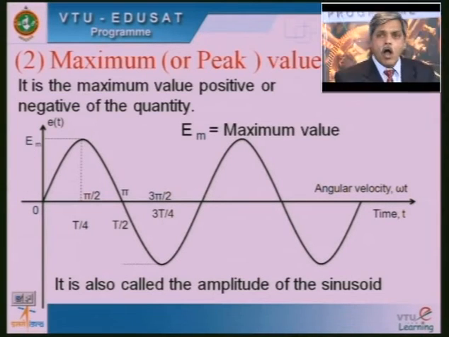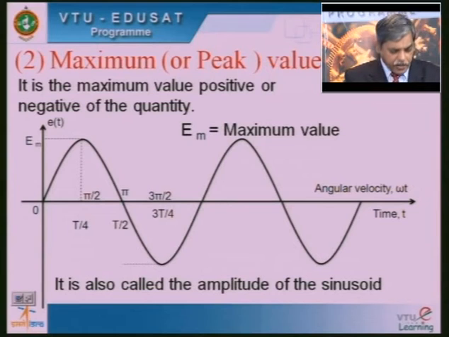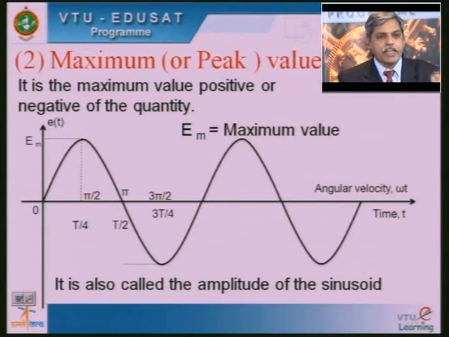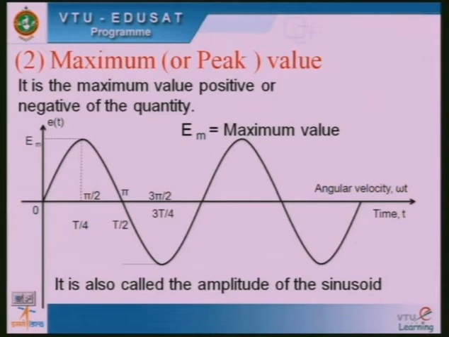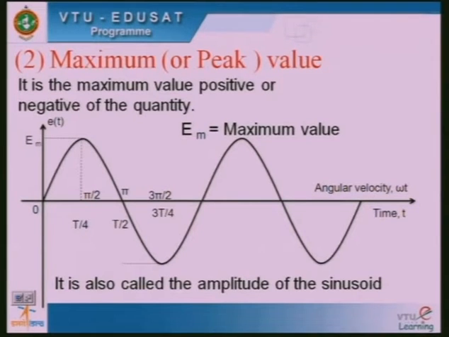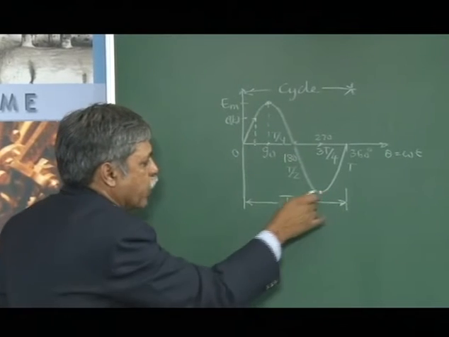All sinusoidal alternating quantities, or in fact any alternating quantities, will have a maximum value or a peak value. It is the maximum positive value or maximum negative value of the quantity. If I take a voltage, this is my maximum positive value and this is my maximum negative value.